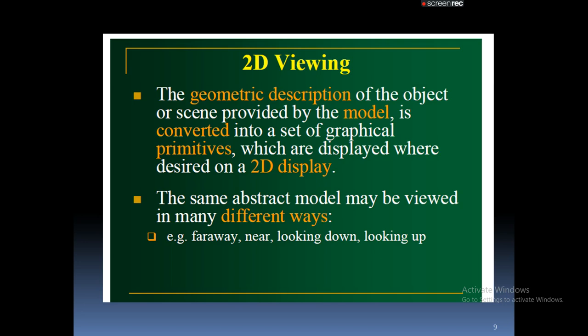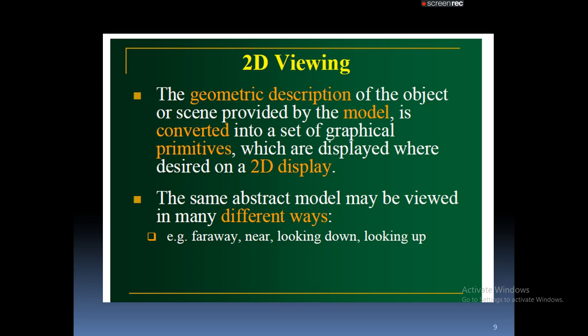So after providing a geometrical description of the object, now we need to convert that into graphical primitives, or a set of graphical primitives, which are displayed where desired on a 2D display.